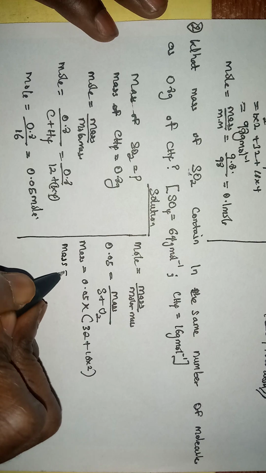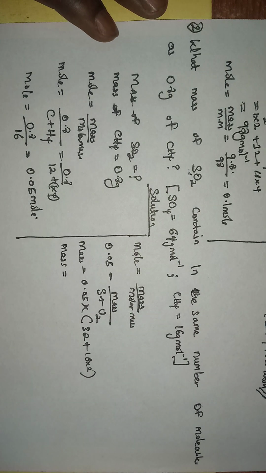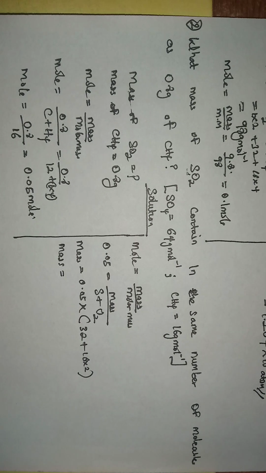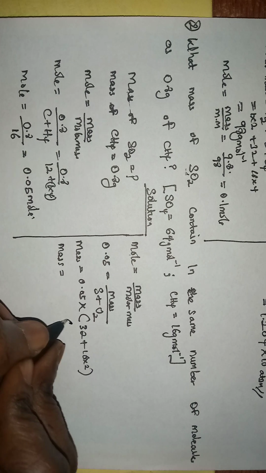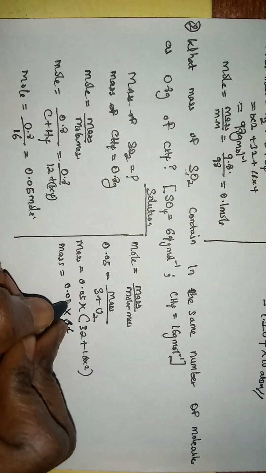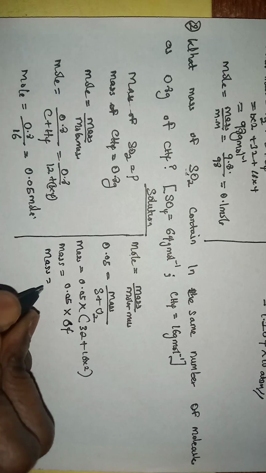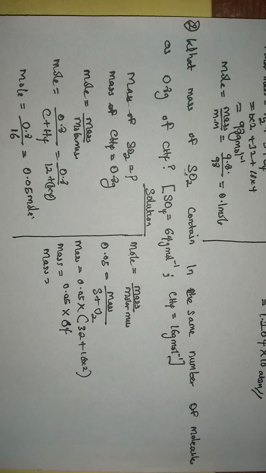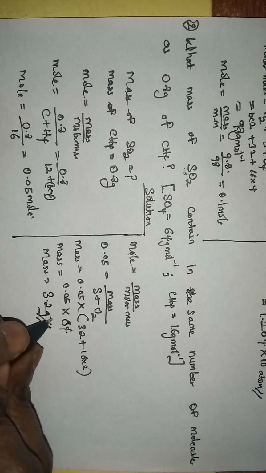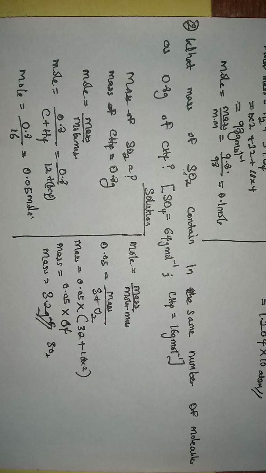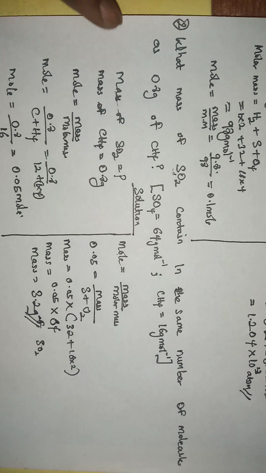So 16 multiplied by 2 plus 32 gives us 64. The mass will now be equal to 0.05 multiplied by 64. So it will give me 3.2 gram of SO2.